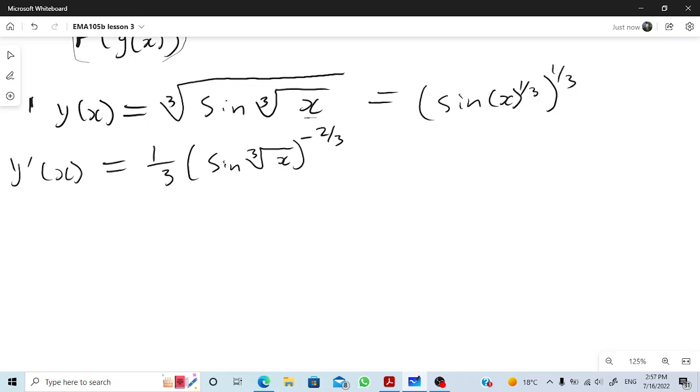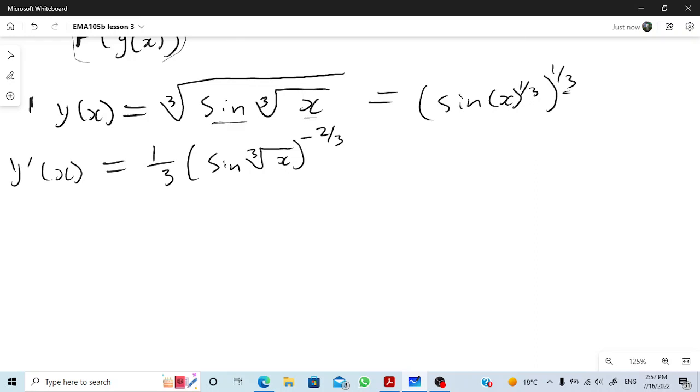Okay, so now here we use the power rule to differentiate this part. When you use the power rule, you bring your exponent in front of your function to be a coefficient. Then you subtract 1 from the exponent, and you bring down what was there. Okay, so right now we have taken care of the outer cube root.